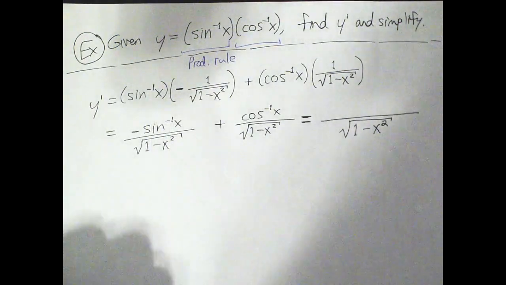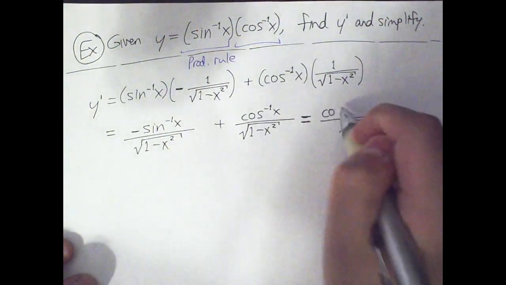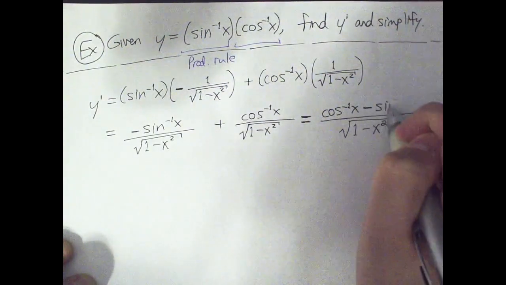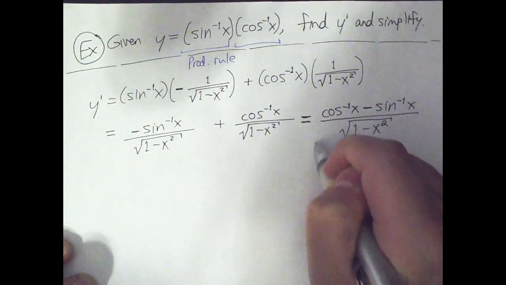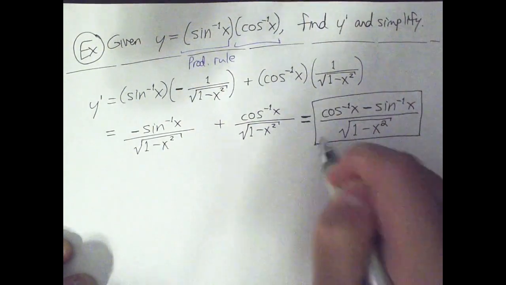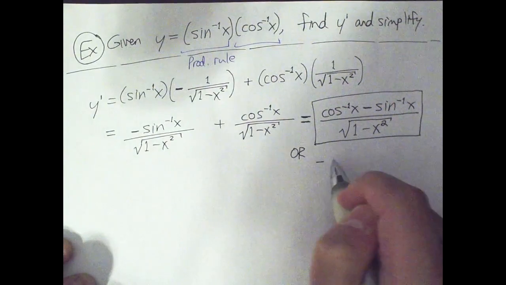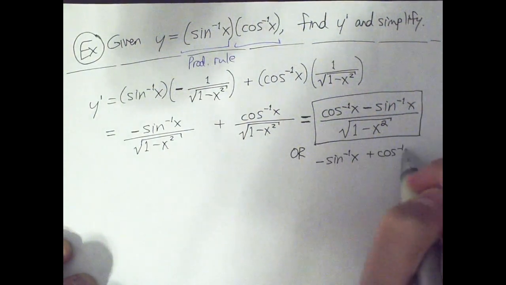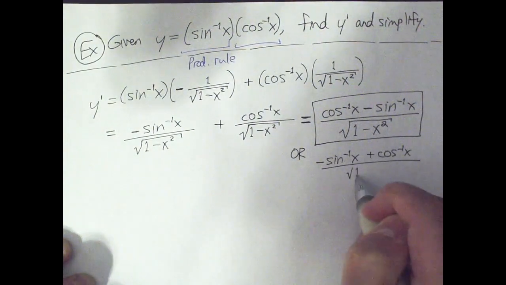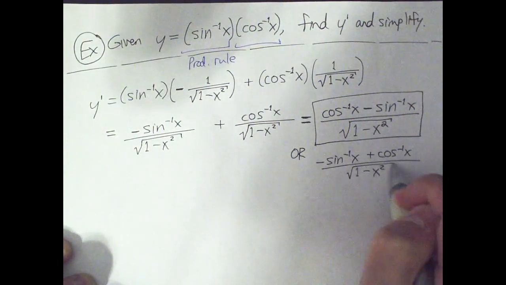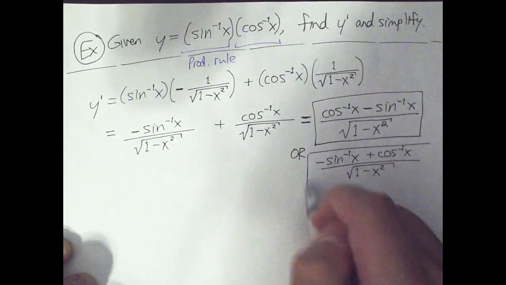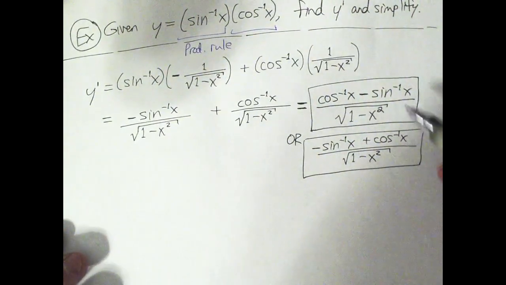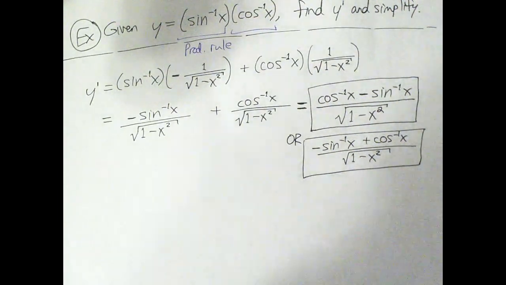For some reason, I decided to put the cosine first. Inverse cosine x minus inverse sine. You know, of course, you could also say minus inverse sine plus inverse cosine. But I think that combining, because of the common denominator, I think I'd like to see the answer in one of these two forms.